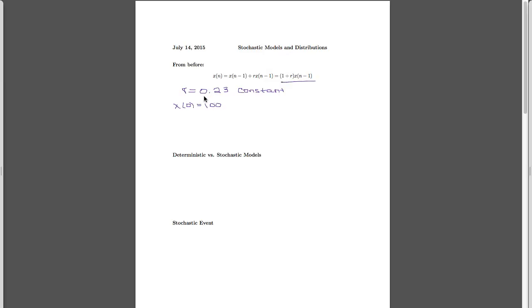Things were good, so this growth rate was pretty reasonable to use. Then no matter what, one time step later, we should have 123 salmon. So no matter how many times you do the calculation from x of 0 to x of 1, you'll always go from 100 to 123 when you're using this constant r value.